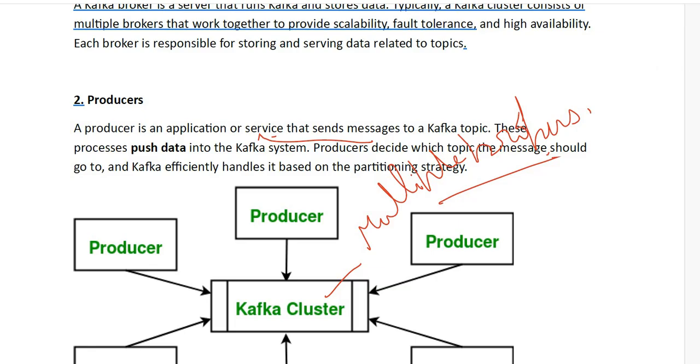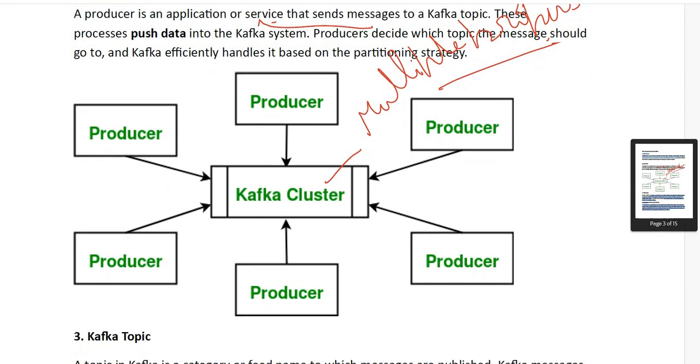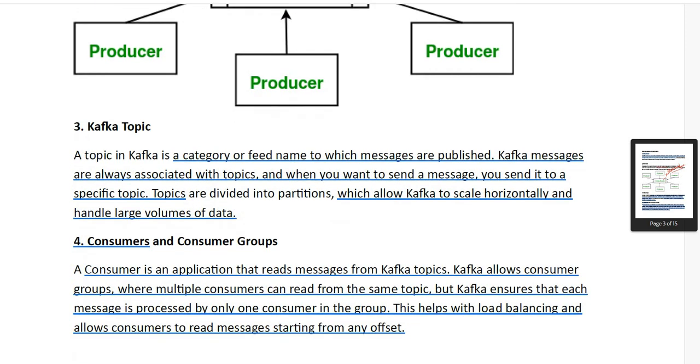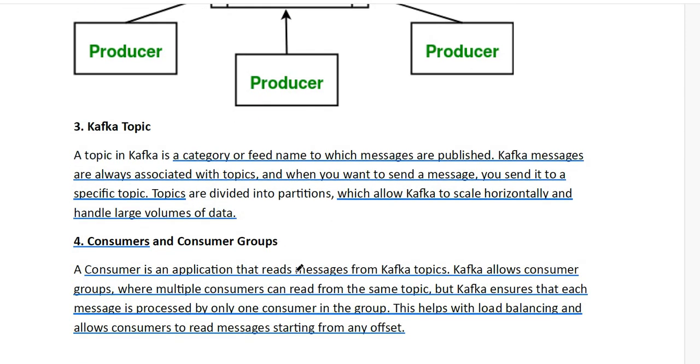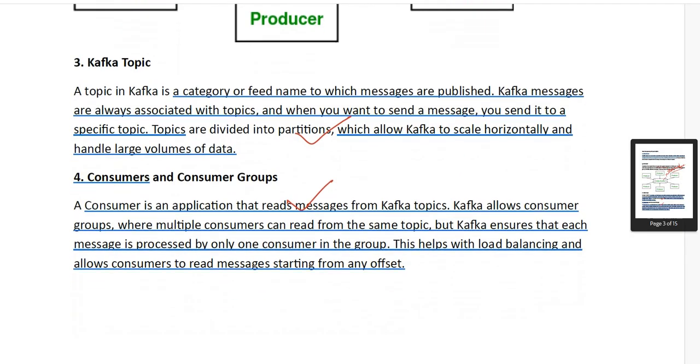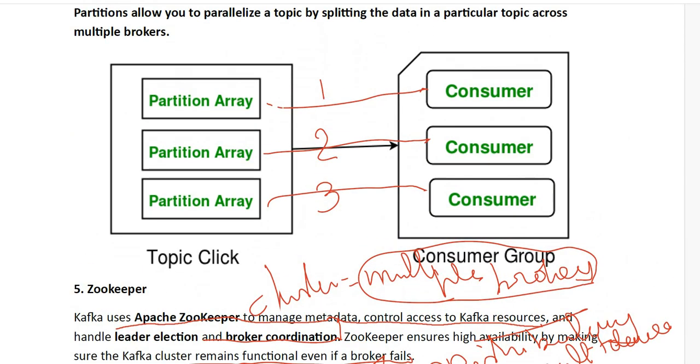Next, what we are going to see is a Kafka topic, a category or a name, and what is a consumer group also. We also discussed what a Kafka topic is in my past video. And now we will see what a partition is. A partition is a part of the Kafka topic, and these partitions are shared by multiple consumers in a given consumer group.